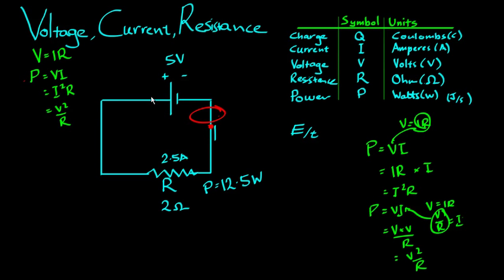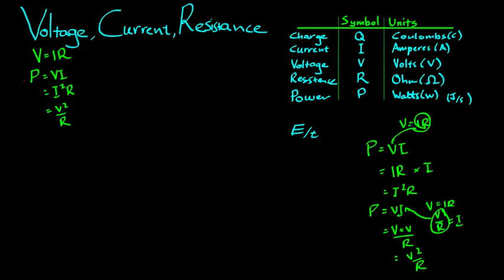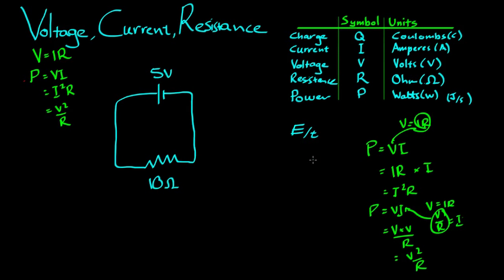So we'll try an example question working with power. I have a battery, a circuit, a resistor. The battery is 5 volts. The resistance is 10 ohms.